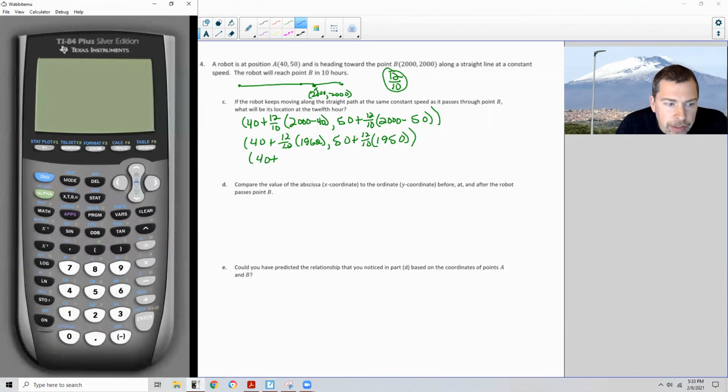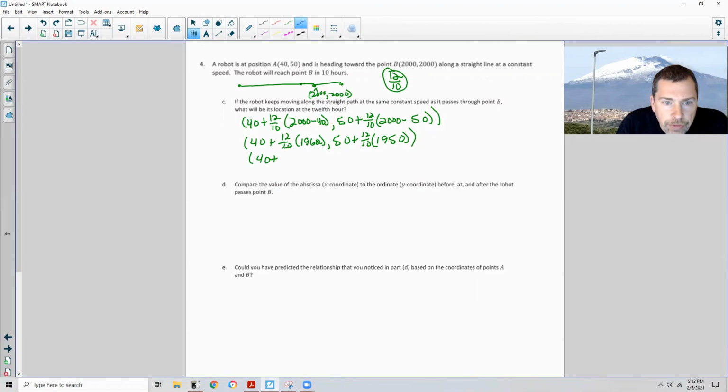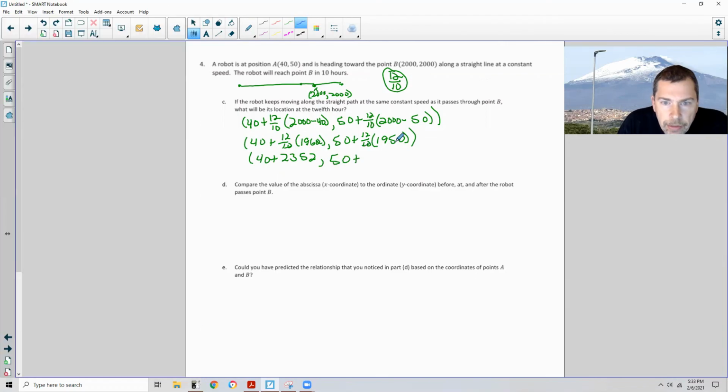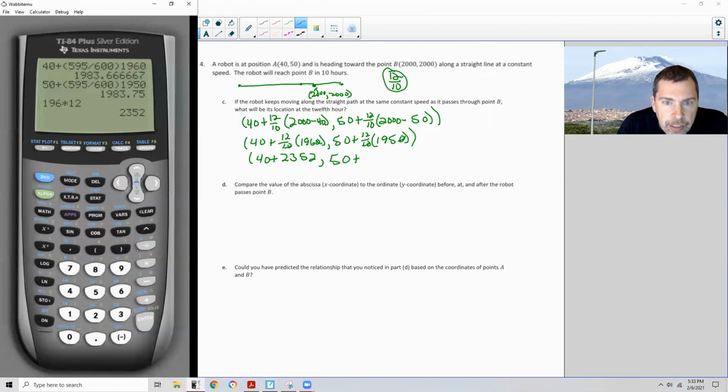So let's just use the calculator. 196 times 12 is 2,352, comma, 50 plus, and then I'm going to take 10, we'll make that 195, and 12 times 195 equals 2340.